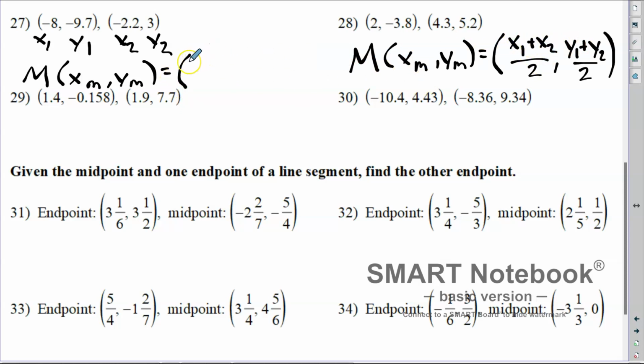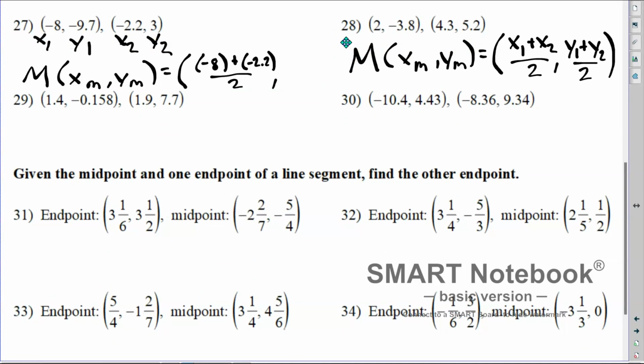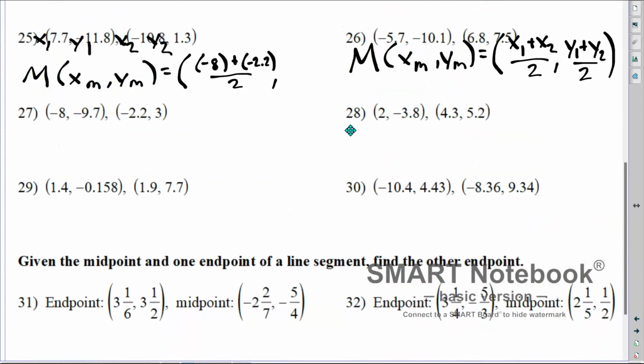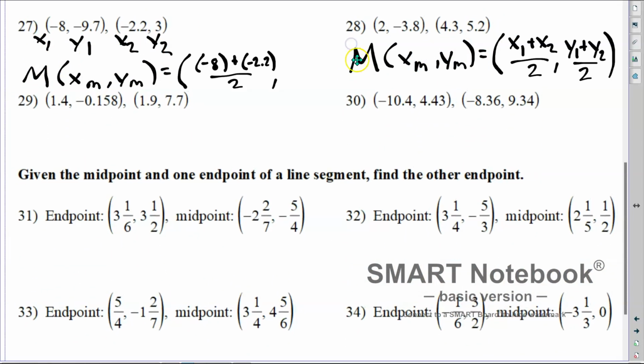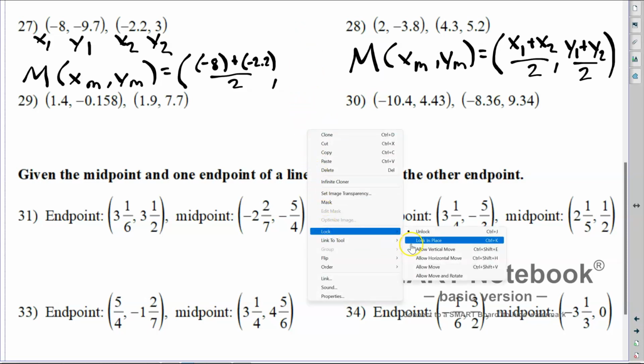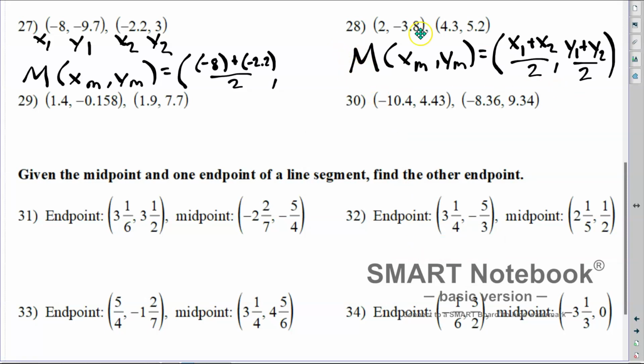I need x1 plus x2, over 2, comma. It's not going to let me, so I'll just move that m here for a little bit.